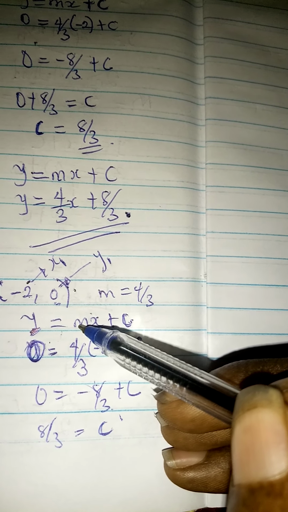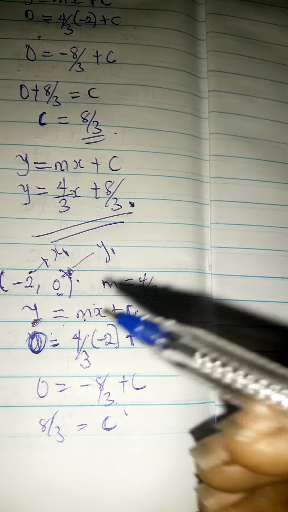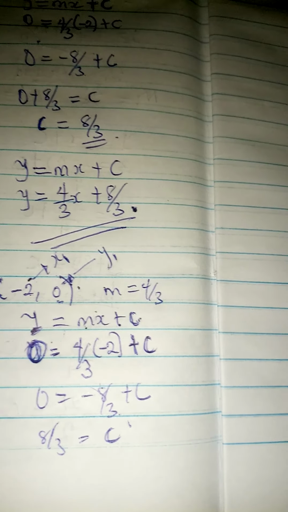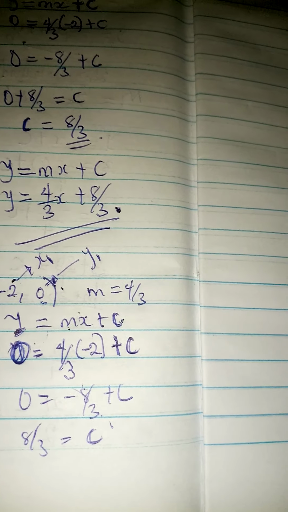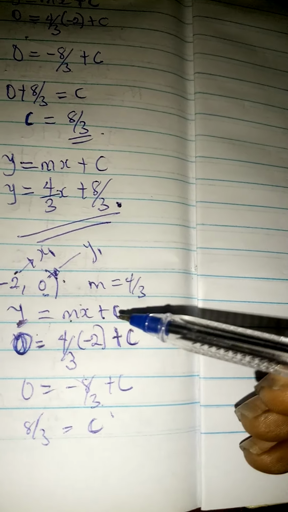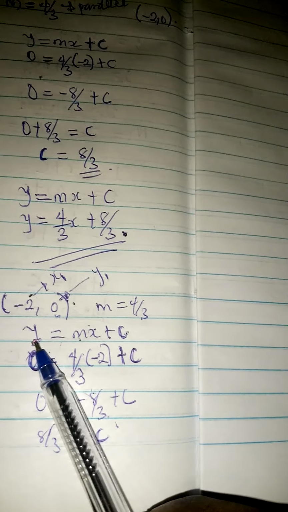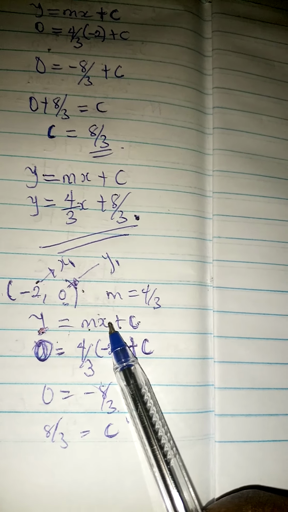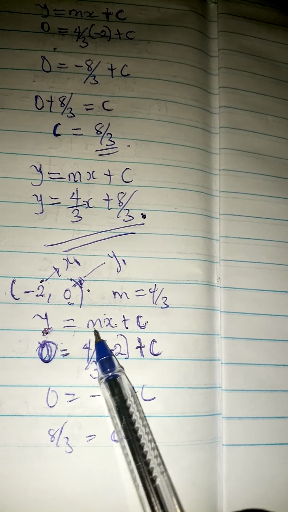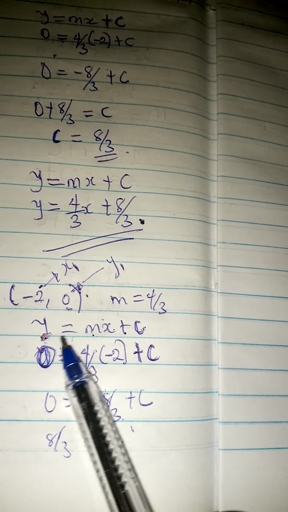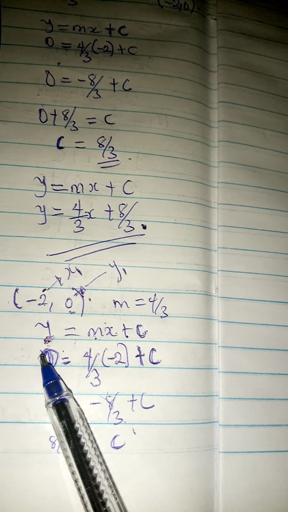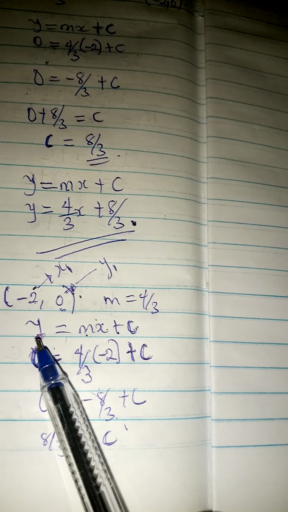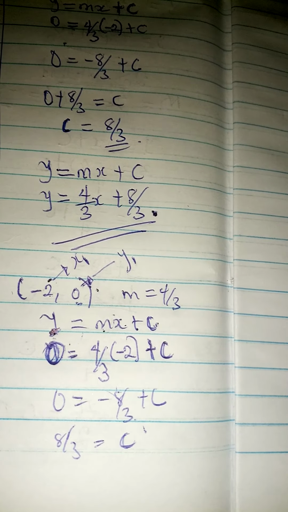The second method is actually meant for you to first of all obtain your slope and obtain your y-intercept, because those two things are the ones you are going to bring back into the equation, while y and x remain the same. Y and x are just the direction in the coordinate plane of our graph. Please take note of that.